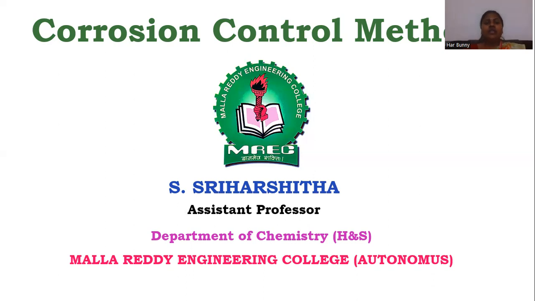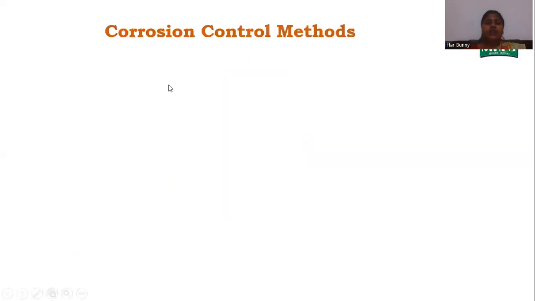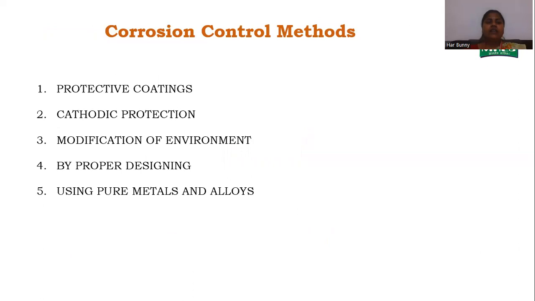To protect a metal from corrosion, or to control the corrosion, the types are protective coatings, cathodic protection, modification of environment, proper designing of the metal, and using pure alloys or metals, right? So in this video, we will only discuss protective coatings.